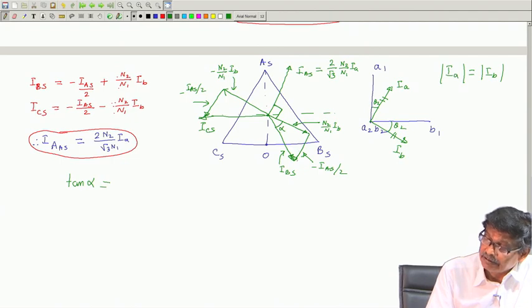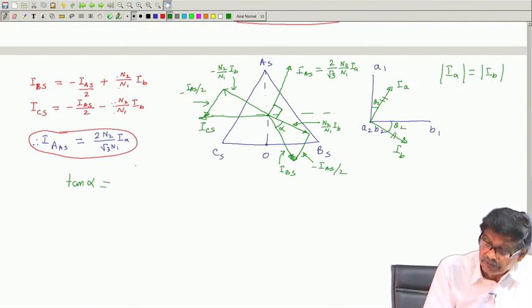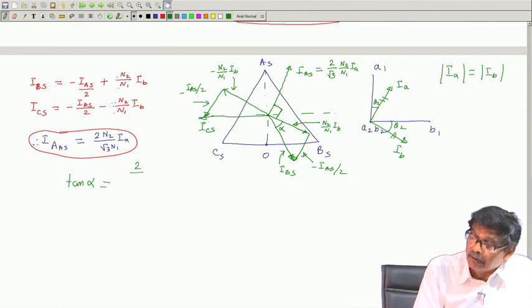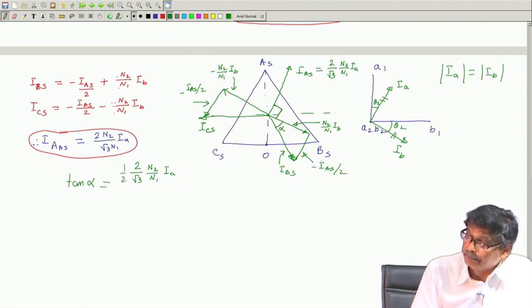What is the length of this? IAS by 2. So, it will be 2 by root 3 into N 2 by N 1 into IA by 2, half.